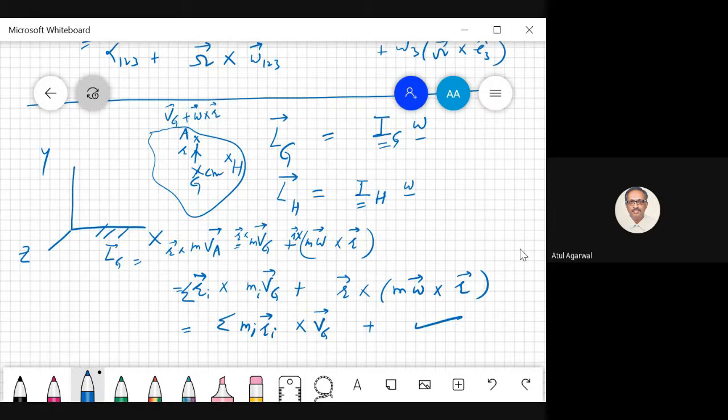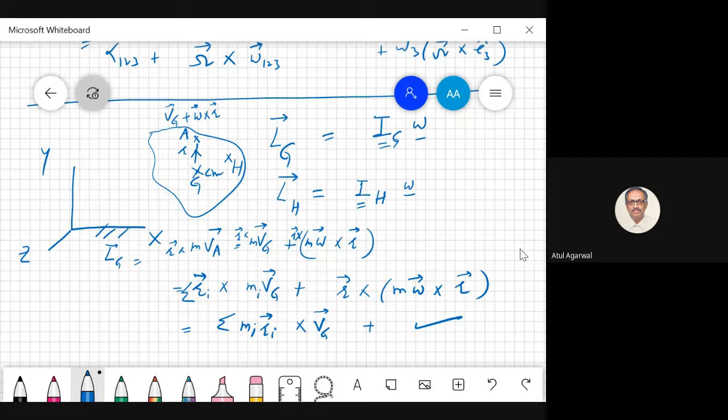What is this term sigma m i r i? This is like the centroid. You are finding the position of the centroid. So what is this value here?